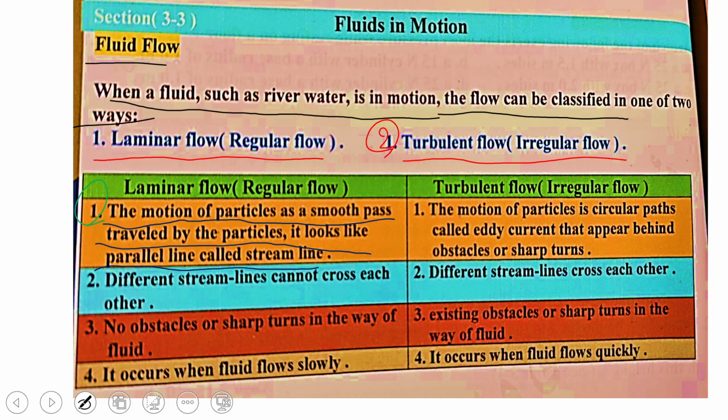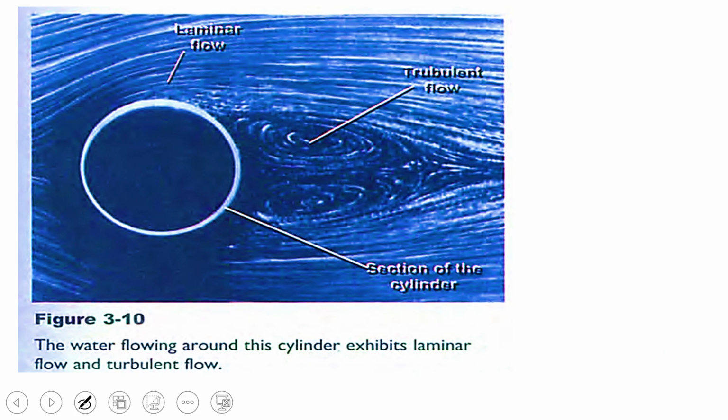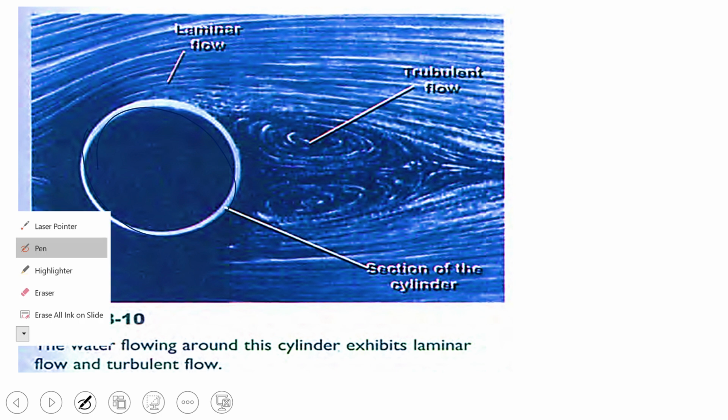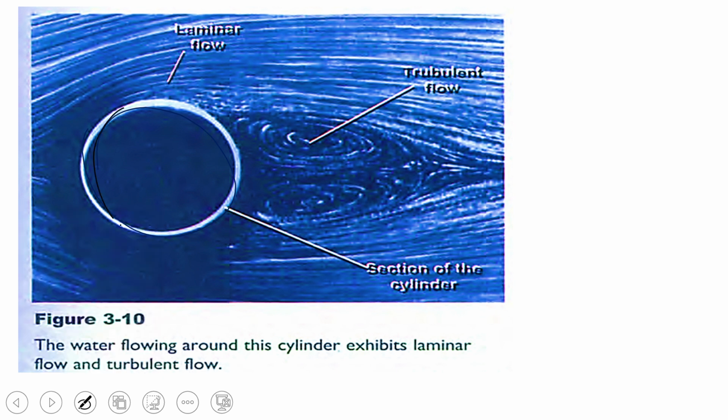What does that mean? Students, look at this picture. This is a river where the water is moving. We threw a cylinder inside the water. Around this cylinder, some of the water is moving regularly, some of it irregularly.